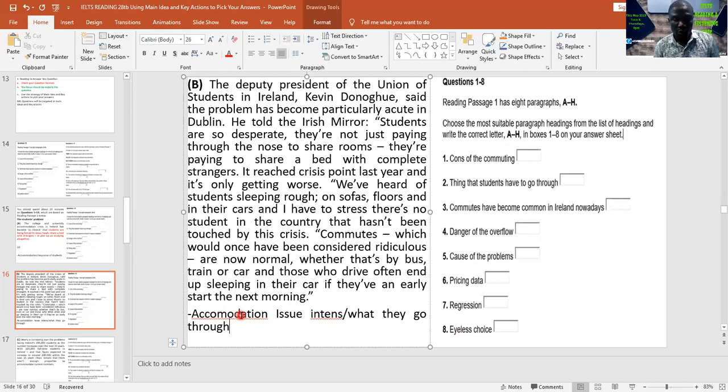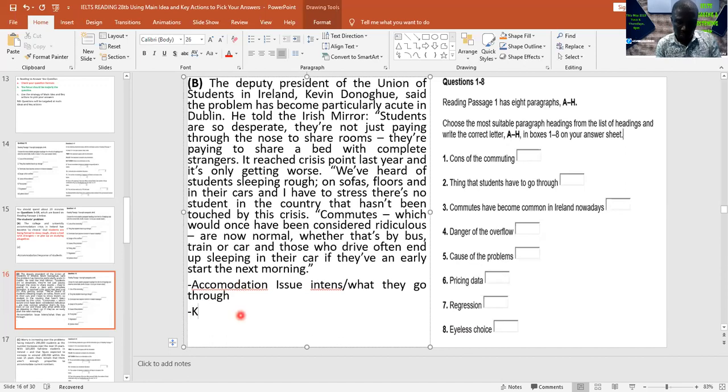Commute, which was once considered to be ridiculous, is now something they would never consider before, whether that is by bus, train, or car. So another key action here is the issue of commuting. So K2, commuting issue. Okay.